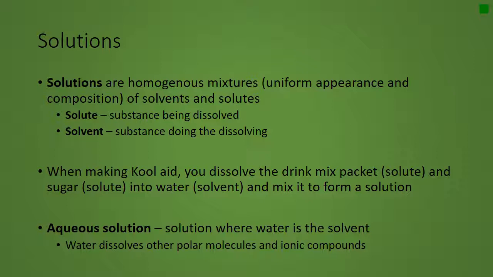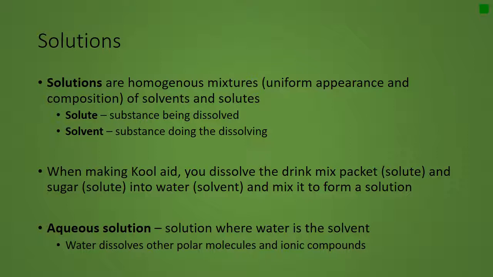So what's a homogeneous mixture? If a mixture is homogeneous, it has a uniform appearance, it looks to be only one physical phase, and the composition is uniform. That is, the concentration is consistent throughout the solution.